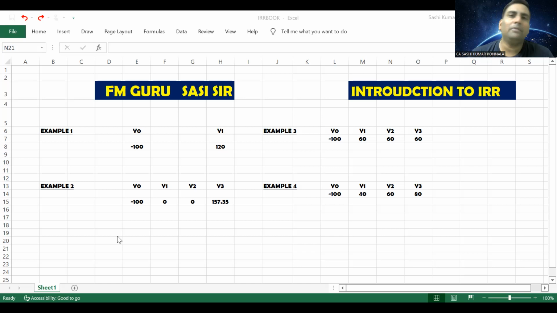I want to keep this money for a period of 1 year. Then after 1 year, I will receive 100 rupees of my investment plus 4% return, right? 4% on 100 means 4 rupees. 100 plus 4, 104 rupees will be received after 1 year.